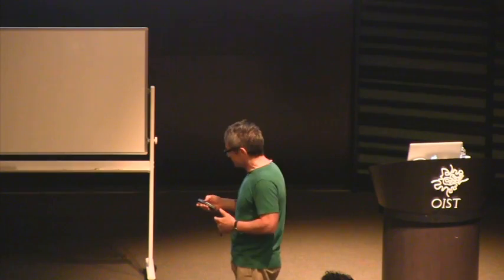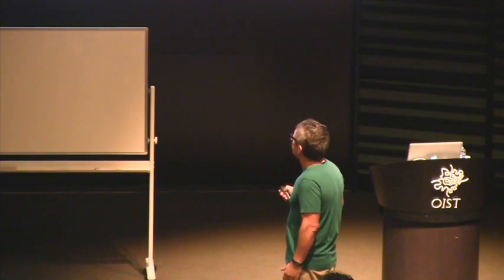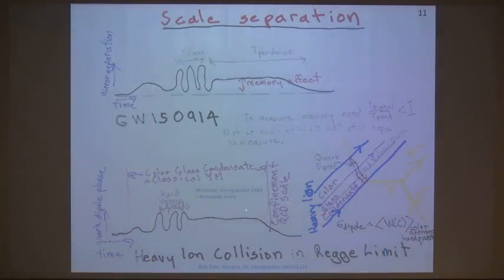A different kinematic regime. It's a process which takes place on a scale large compared to the QCD scale. And for some reason, for which I refer my esteemed colleagues, this picture is supposed to be valid at scales large compared to the QCD scale, at this color glass condensate.